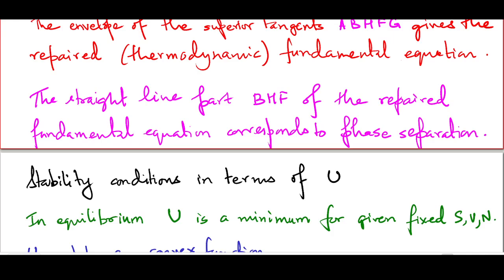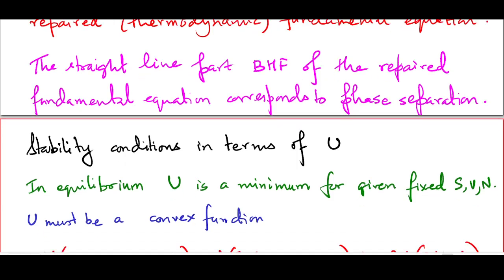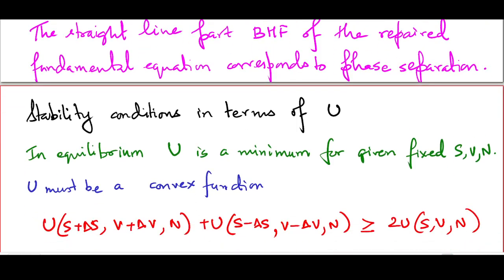And this means that the stability condition in terms of U as a function of S, V, and N would be just the opposite of the stability condition for S expressed as a function of U, V, and N. Instead of being a concave function, U must be a convex function, so that it must satisfy this condition.